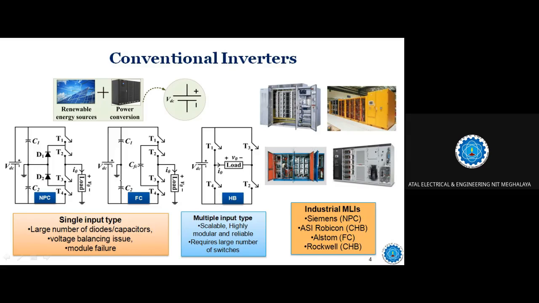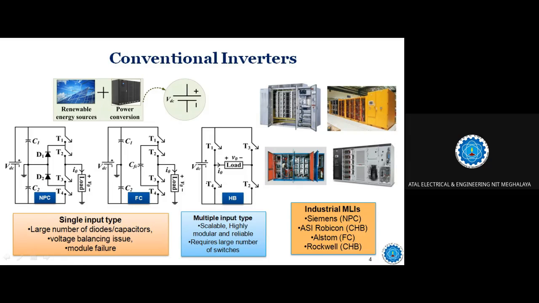One more problem is that when capacitors come into the picture, you need voltage balancing of these capacitors. And in the point clamp type, when you are increasing the number of levels, the modules are connected in series, so there is a high chance of failure. The failure rate is high.